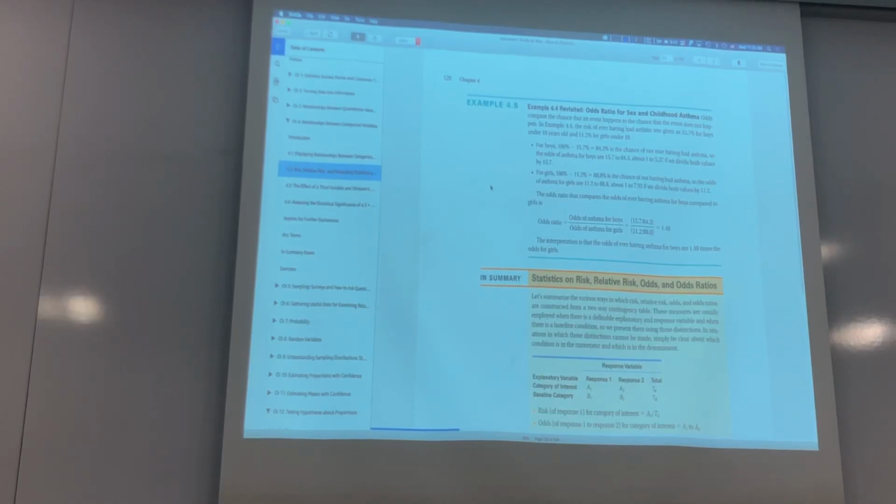For example, هني خلينا نشوف ال odds ratio of asthma for boys وال odds ratio for asthma for girls. لما نقسمها على ما يعطينا 1.48. So the interpretation is that the odds of ever having asthma for boys is 1.48 times for girls.